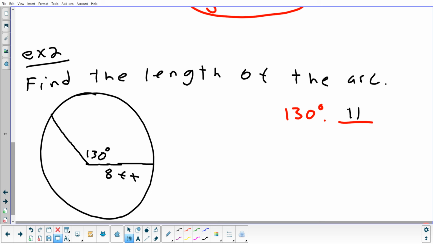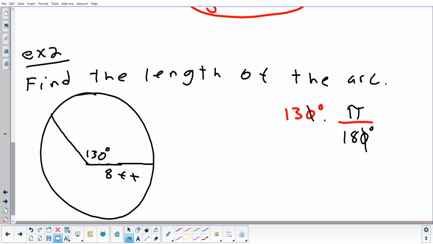Yep, I'm going to multiply by pi, divide by 180. I'm not worried about getting a decimal for this. I want to reduce if I can. Both the top and the bottom are divisible by 10. So the angle is 13 pi over 18.